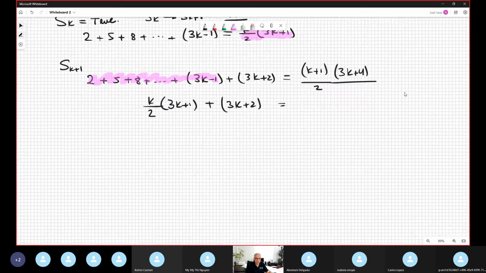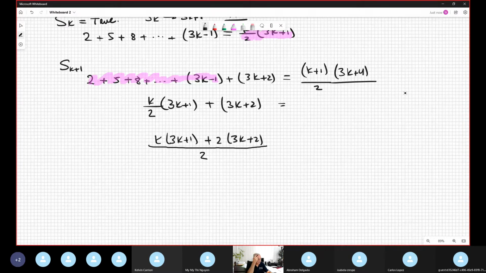I try to manipulate that part. My recommendation is condensing: you find the LCD, 2, to say we have k, 3k plus 1, plus 2 times 3k plus 2. I suppose you understand this very well, no?